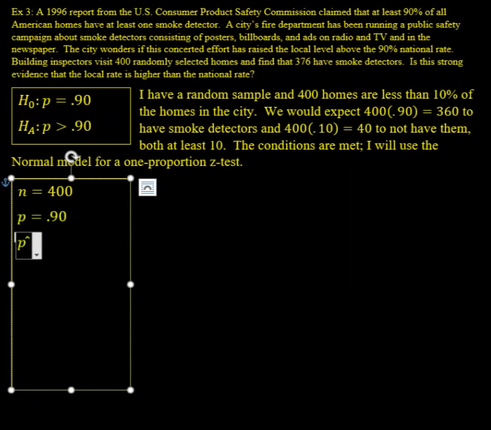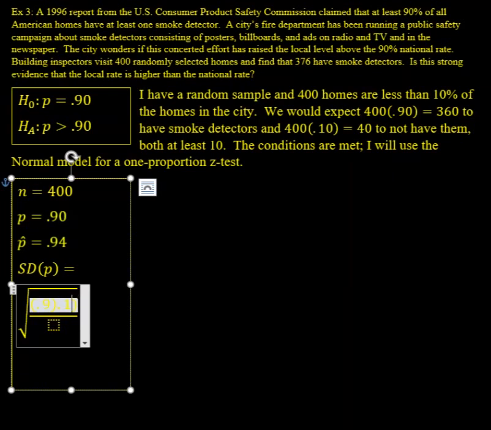Our standard deviation of the proportion will be the square root of 0.9 times 0.1 over 400, which equals 0.015.